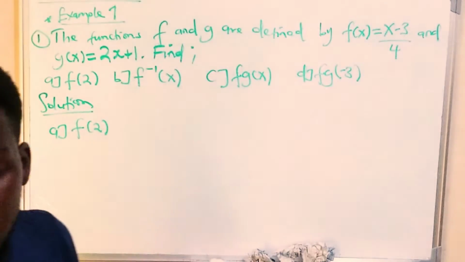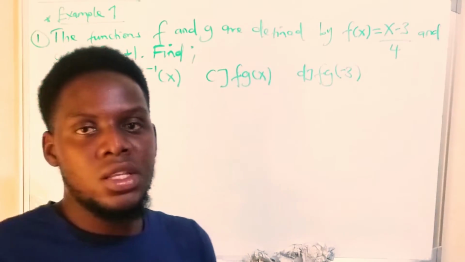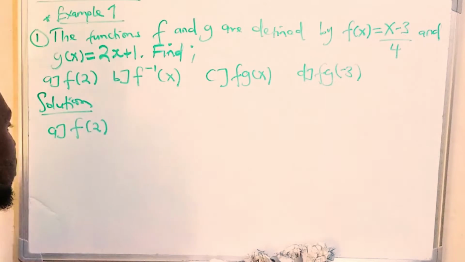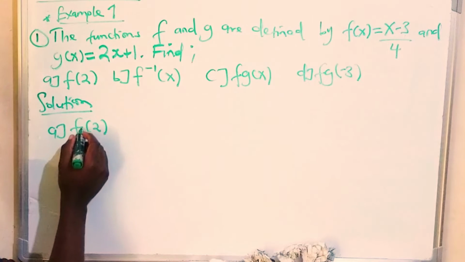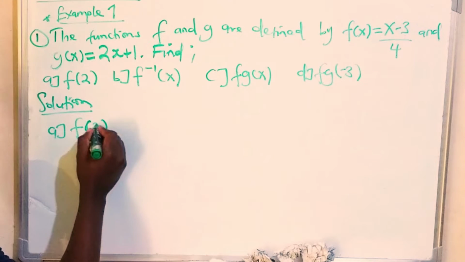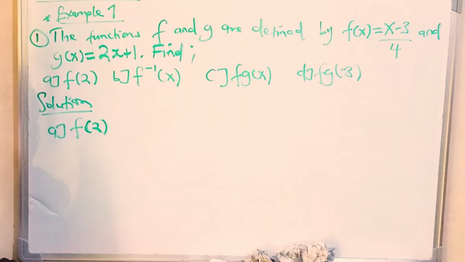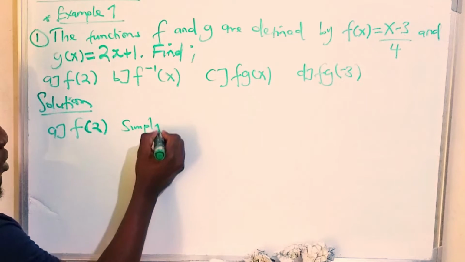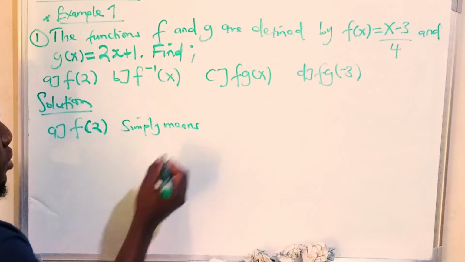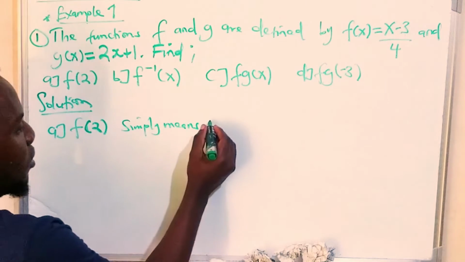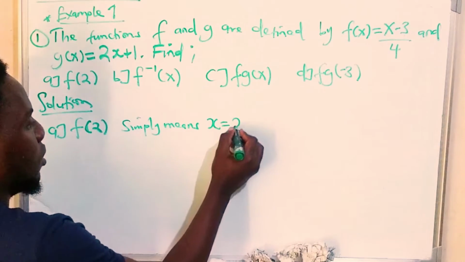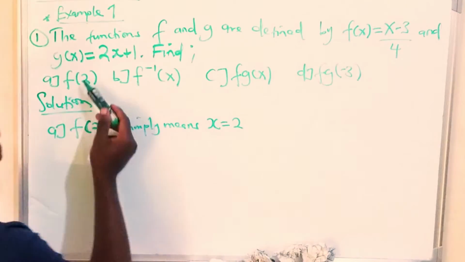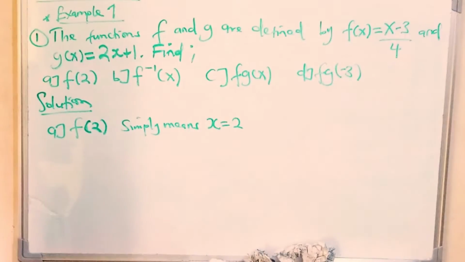The way you should think about this is that when you have a function and they have replaced the letter there with a number, it simply means x is equal to 2, because that's where x is here. They have put 2 there, so x is equal to 2.